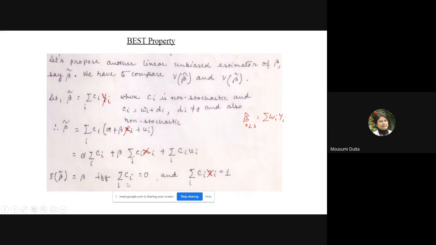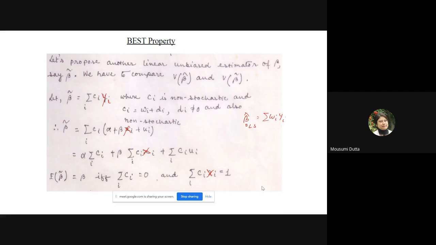So is this line acceptable to all of you? Any query, any question? For the if and only if part? Any question? So I'm getting two constraints.